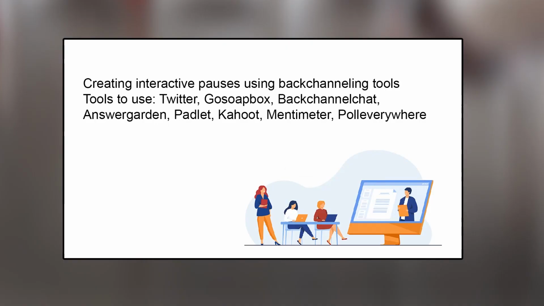We are also familiar with tools like Twitter, Kahoot, Mentimeter, Poll Everywhere, etc. Tools such as these and others like GoSoapbox or Backchannel Chat allow listeners to give their feedback using words or emoticons. Interactions can vary from opinion polls, comprehension checks, brainstorming, to listeners posting comments, doubts, or questions. Learn 3.6 in the worksheet lists these tools for you.